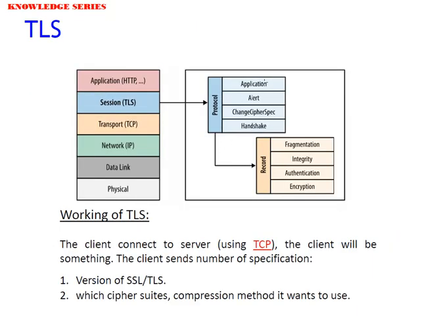In the protocol there are application, alert, change cipher spec and handshake. The change cipher spec and handshake are the things you have seen in SSL. And what is the record? Fragmentation, integrity, authentication, encryption.